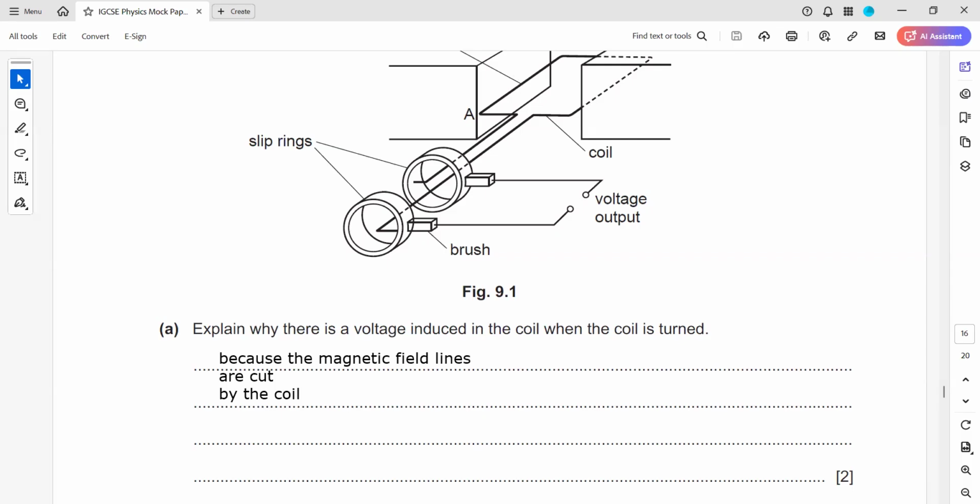As you can see, this is an AC generator. So in an AC generator, when the coil rotates, there will be a change in the magnetic field. Don't start your answer with "because." That is not the right way to start any answer. The magnetic field lines are cut by the coil, but that is one mark. The coil cuts the magnetic field lines, and then what will happen?